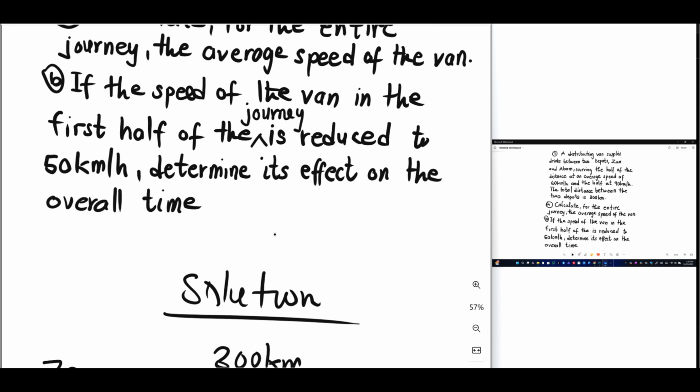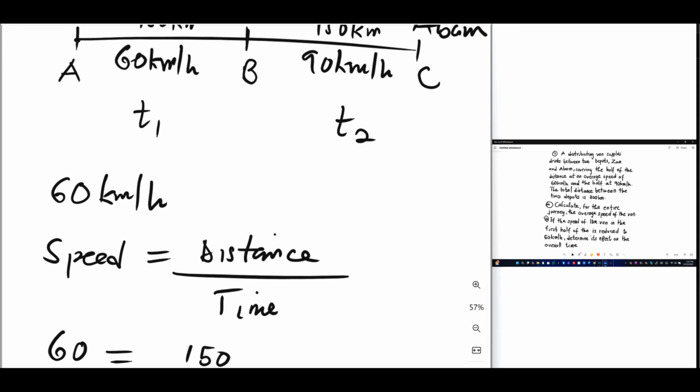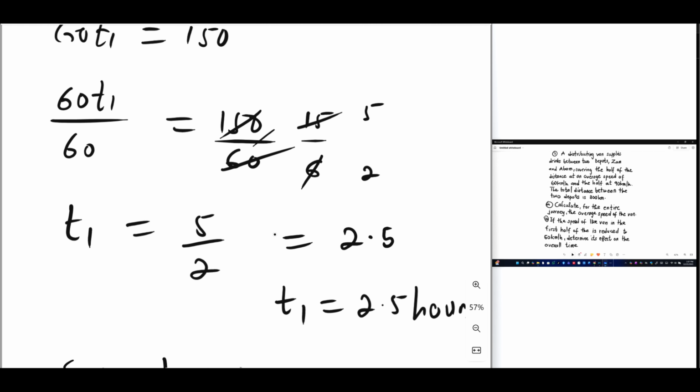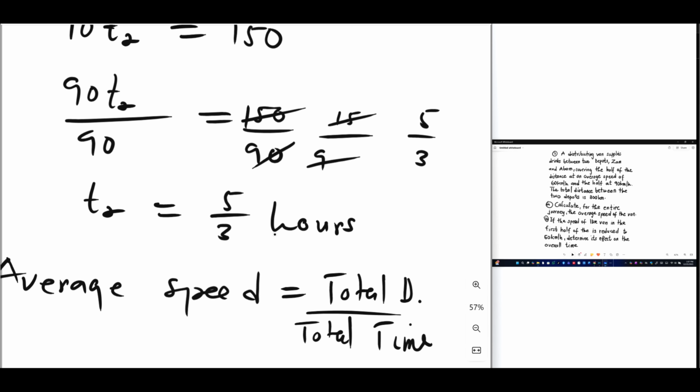Okay. If the speed of the van in the first half of the journey is reduced to 50 kilometers per hour, determine its effect on the overall time. All right, so this is what we are going to do.